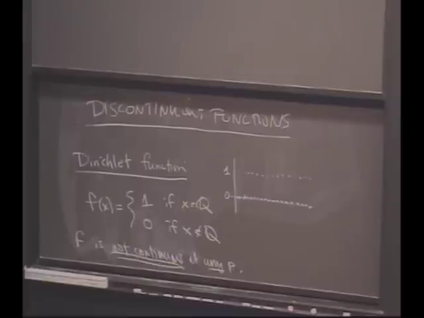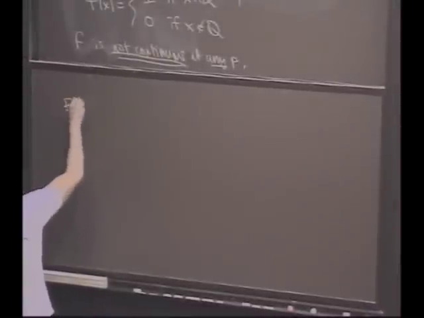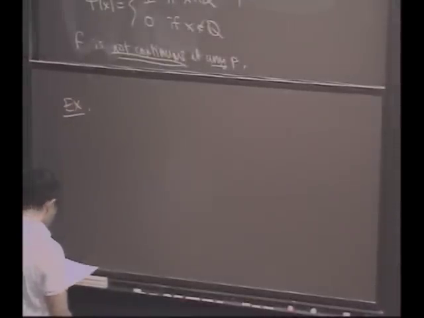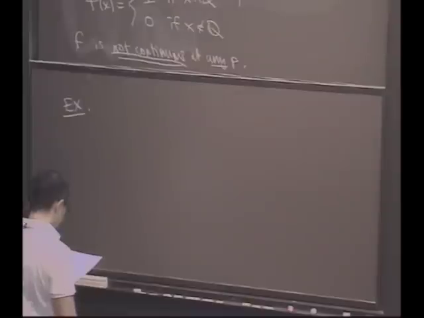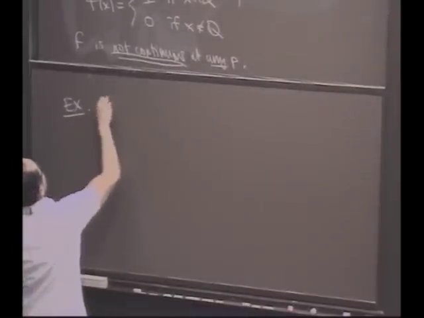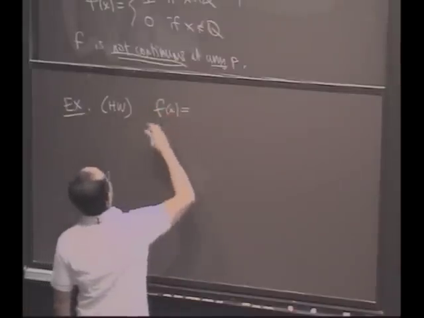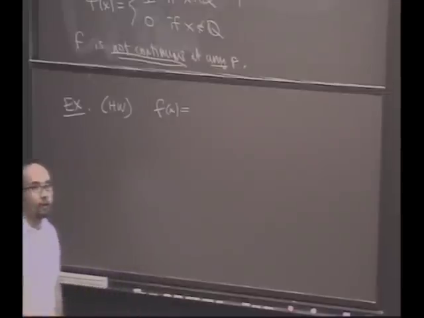Okay. This one may be a little more interesting. Suppose I did the following. Let's consider the following example. So this is the one that actually you're going to explore in your homework. It's another example of a kind of Dirichlet function.